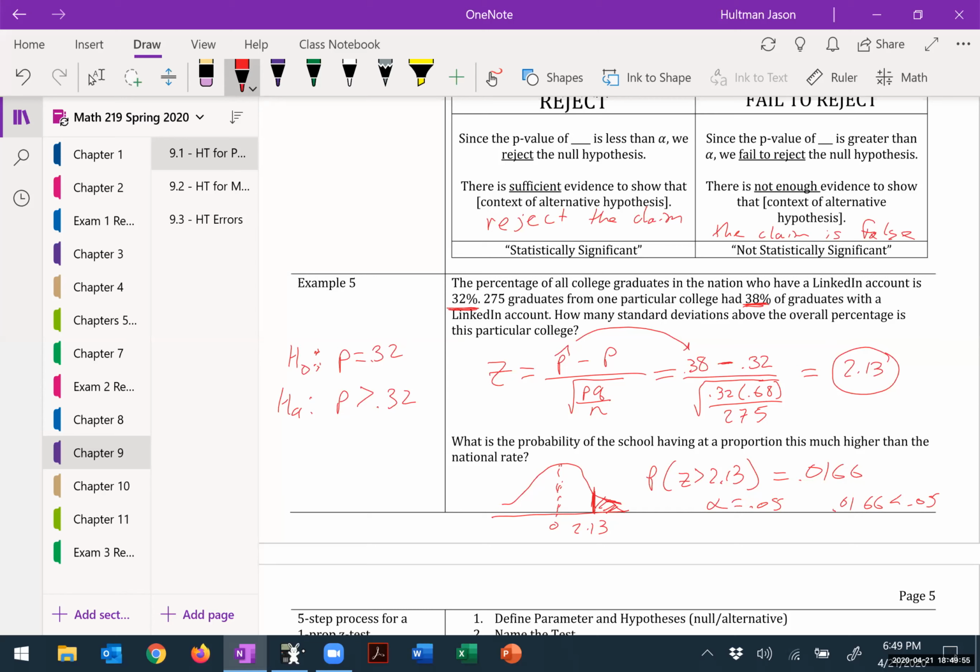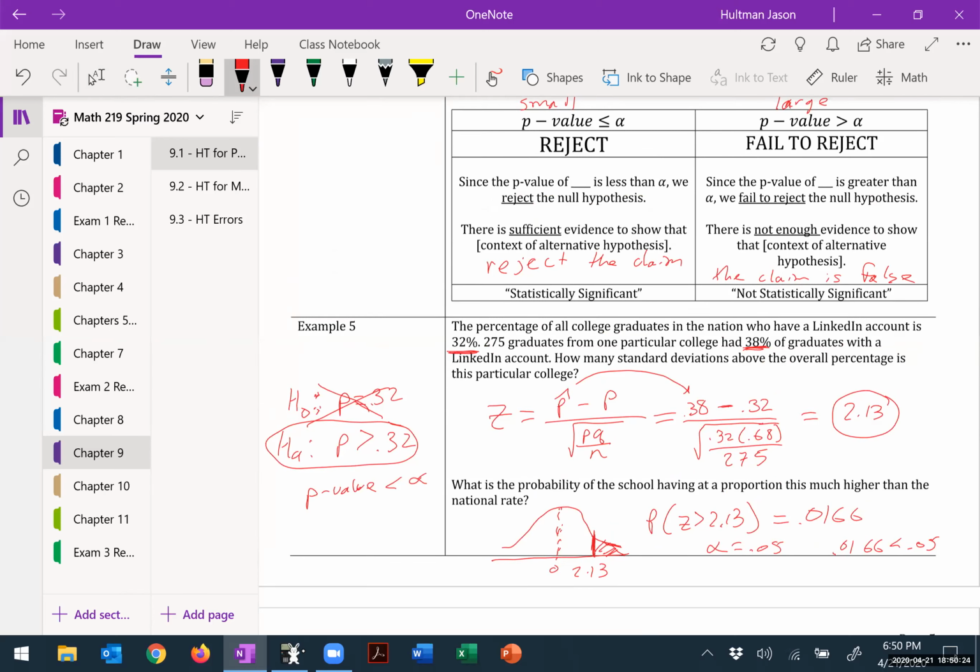We would reject the claim that they are at the national average. We would reject the null and accept our alternative because our p-value is less than alpha. Since our p-value is less than alpha, we reject the null. If our p-value is greater than alpha, then we fail to reject the null. We fail to reject.